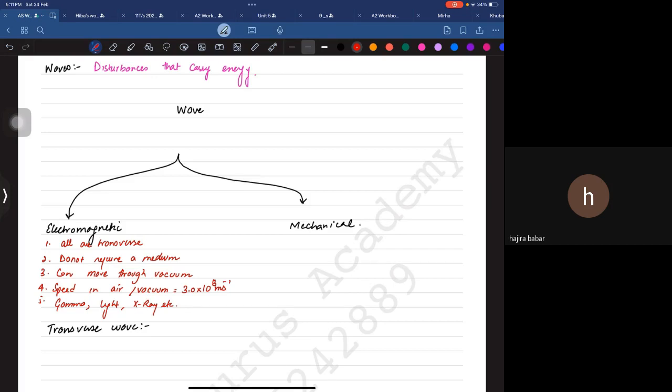But then we also have the mechanical waves. So mechanical waves can be transverse or longitudinal.